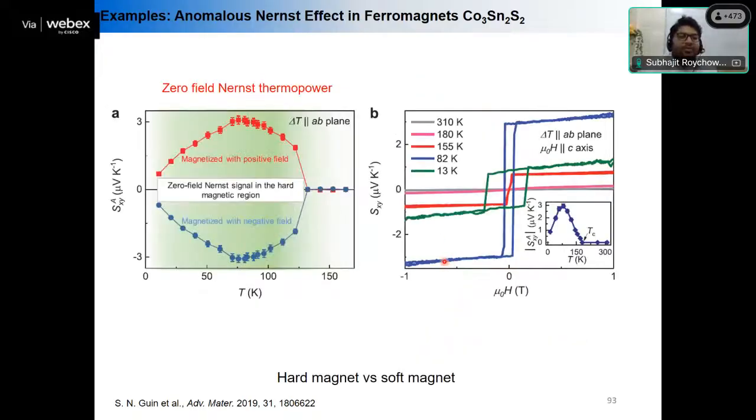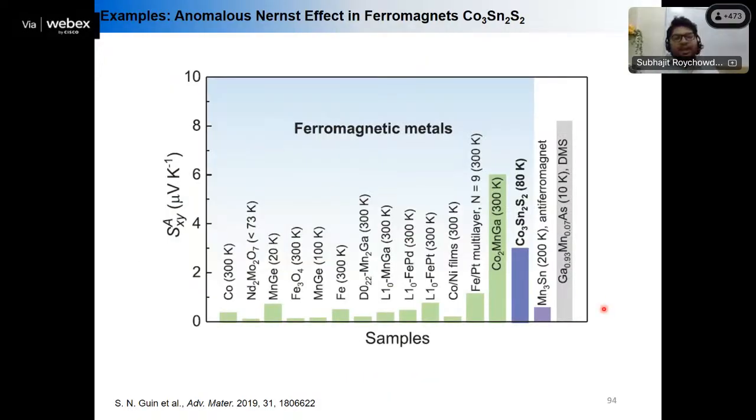Now, the best part of this material is that they realized zero field Nernst thermal power. That means if the field is zero, you can still get large thermal power in this material. So this is a list of ferromagnetic materials which show large Nernst thermal power by using Berry curvature as a method.